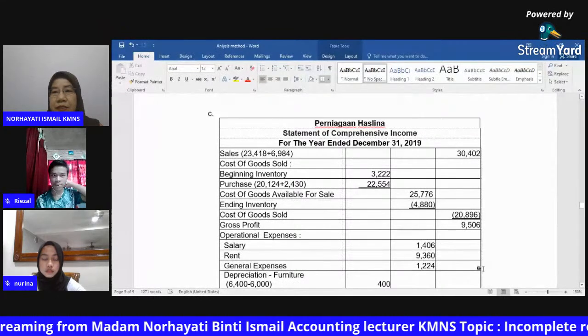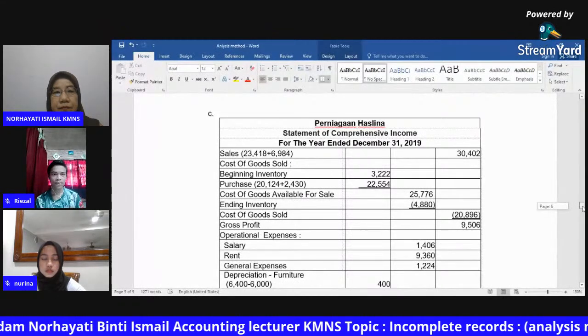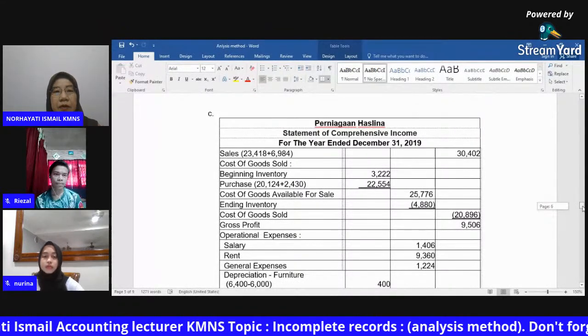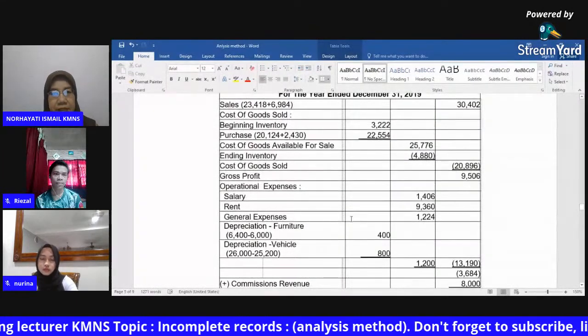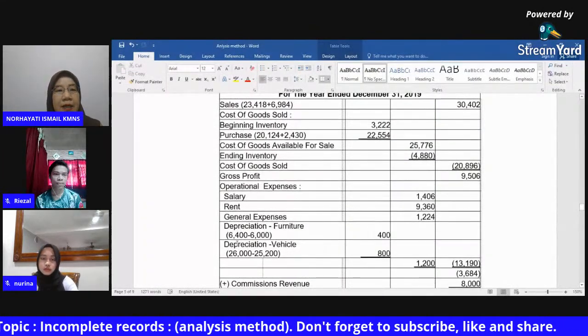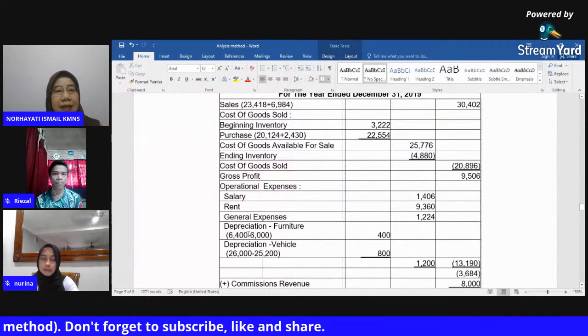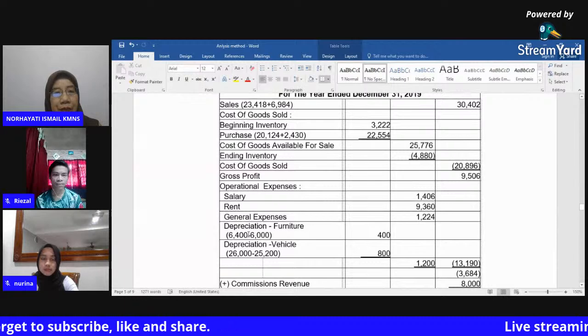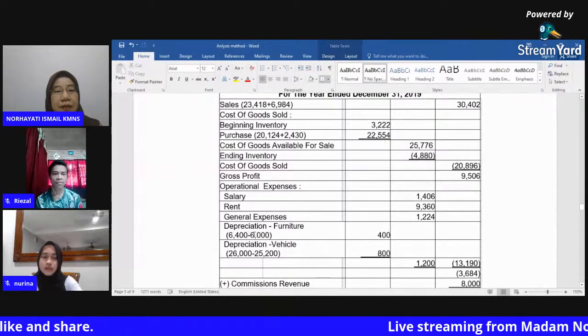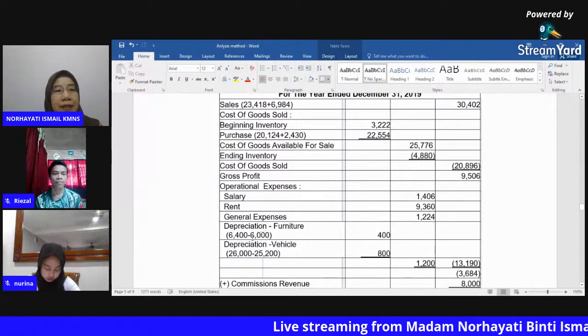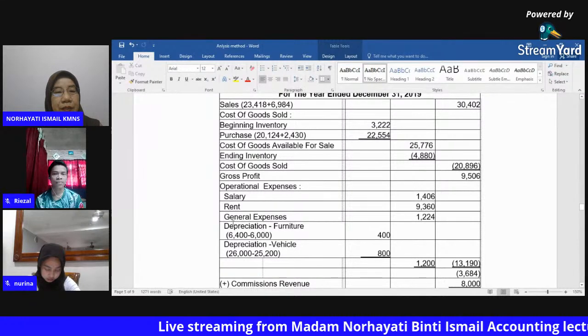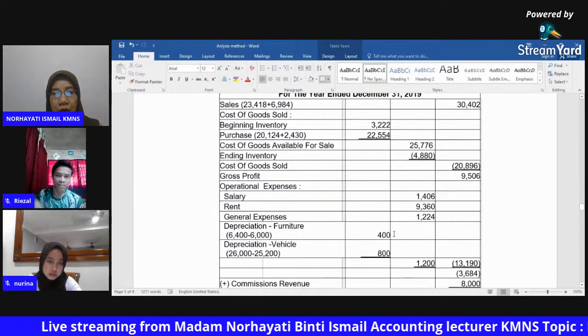And the depreciation, we have to calculate the depreciation. We must compare the beginning balance less the ending balance of furniture. So the amount that decreased represents the depreciation. So this is 400.